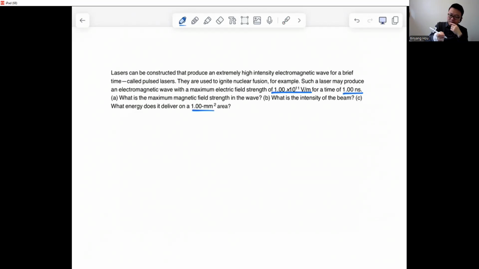We are looking for the maximum magnetic field. Remember, magnetic field and E field have a relationship of E equals C times B. So for B max, let's call it B naught, it should be E naught over C. This one will be kind of straightforward.